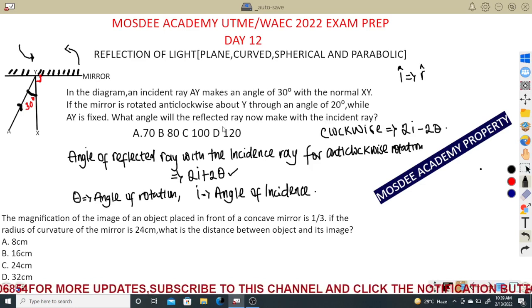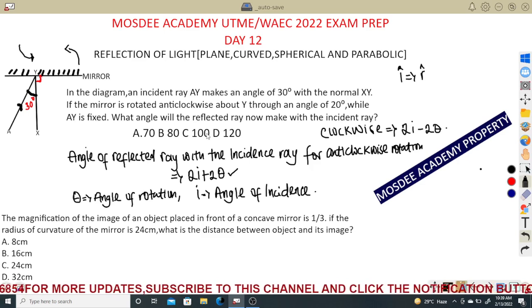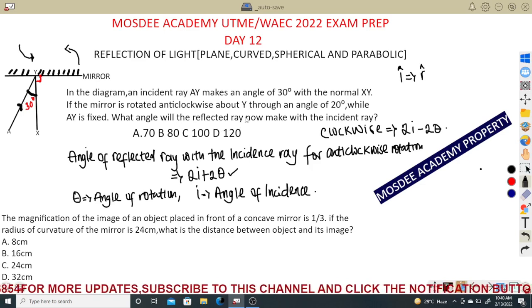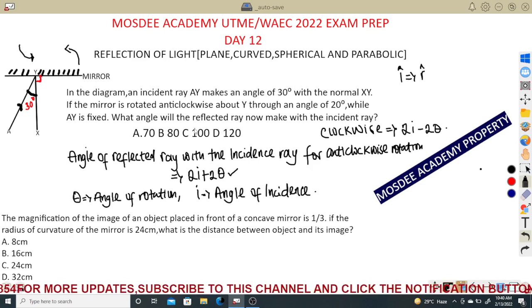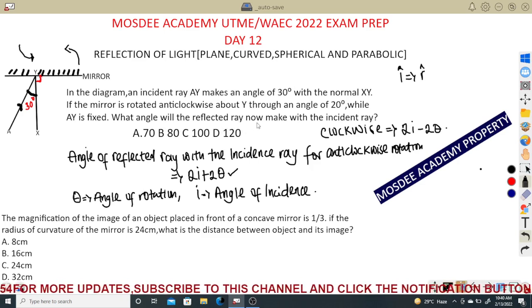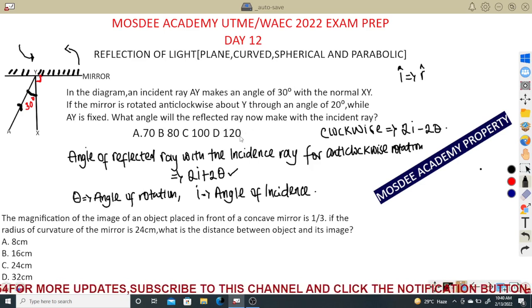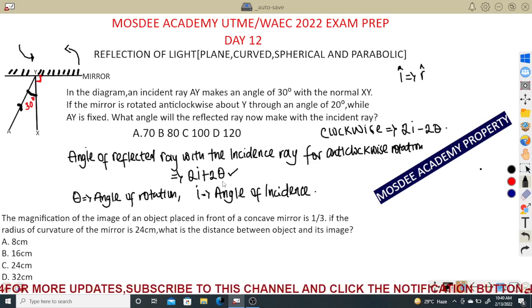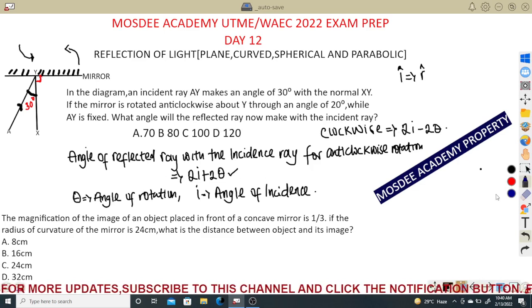But for understanding concepts, you can watch my concept video to see how this is done. Directly here, we are looking for the angle between the reflected ray and the incident ray. It is rotated anti-clockwise, so this is the formula I am going to use. I change to blue.